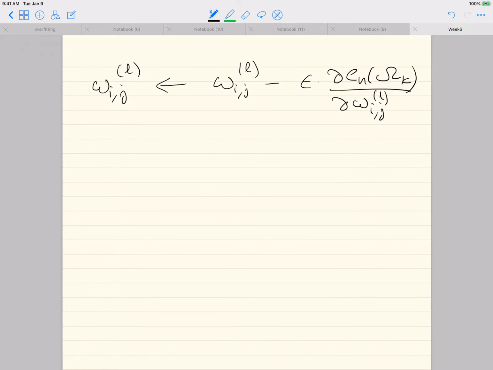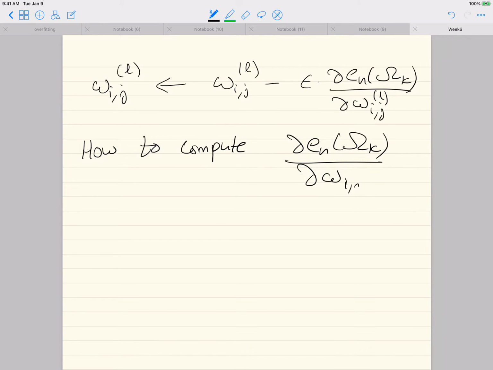So now the question is how to compute ∂E_n(ω_k)/∂w_ij^(l). Any ideas how we could compute this? The right answer is to use the backpropagation algorithm, which is the main topic we'll discuss now.